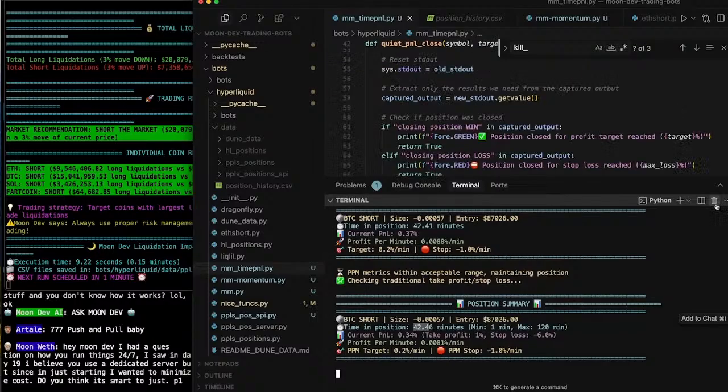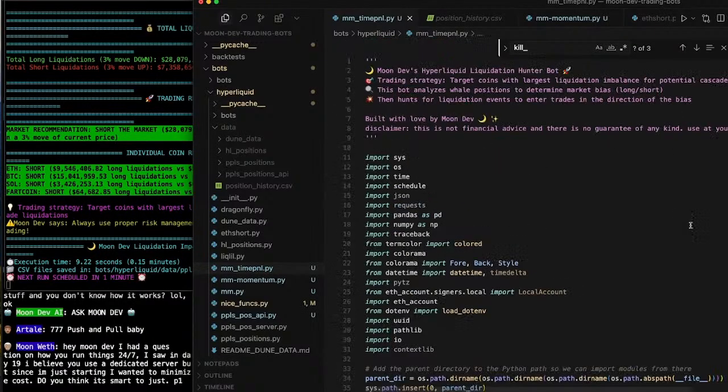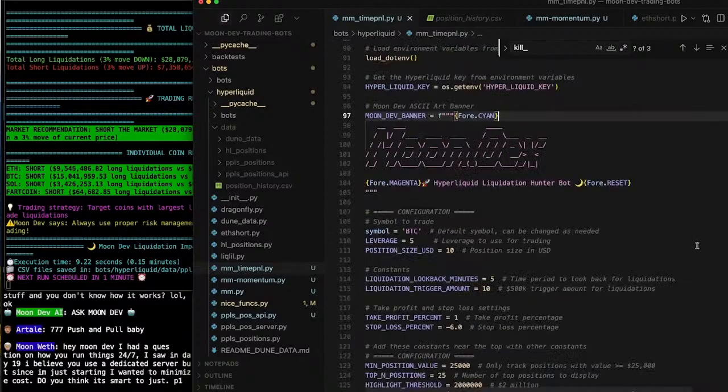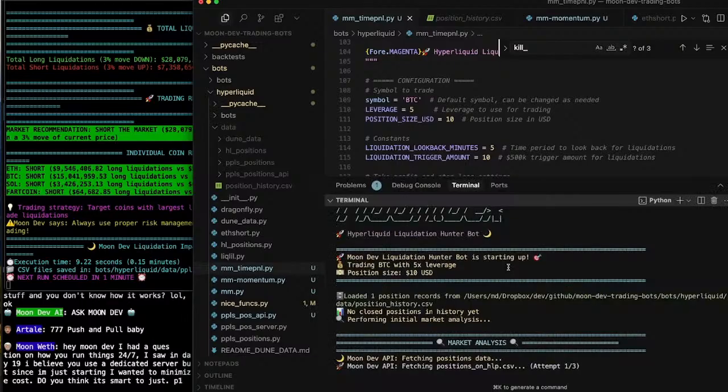So let's just close this for now. Damn, I should have gone ahead and... Nah, it's all good. Here we go. Profit per minute, let's just say 0.02 for now, and see if it can get us out of the position successfully.